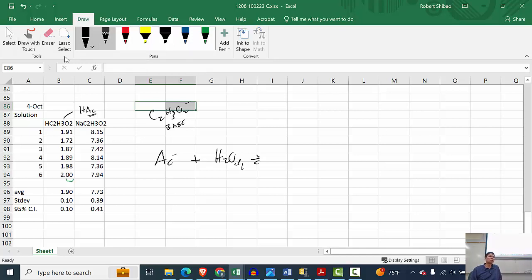Acids hydrolyze water to produce hydronium and the conjugate base. Bases hydrolyze water to produce what and what? Well, one is the conjugate acid. What's the conjugate acid of acetate? Acetic acid. Acetic acid, I'm going to abbreviate HAC.